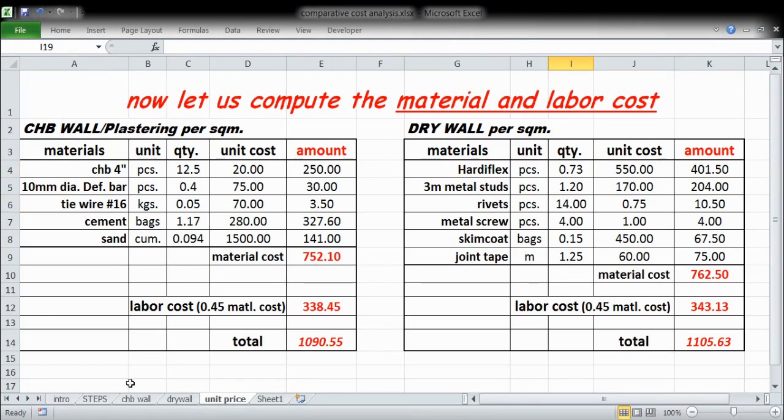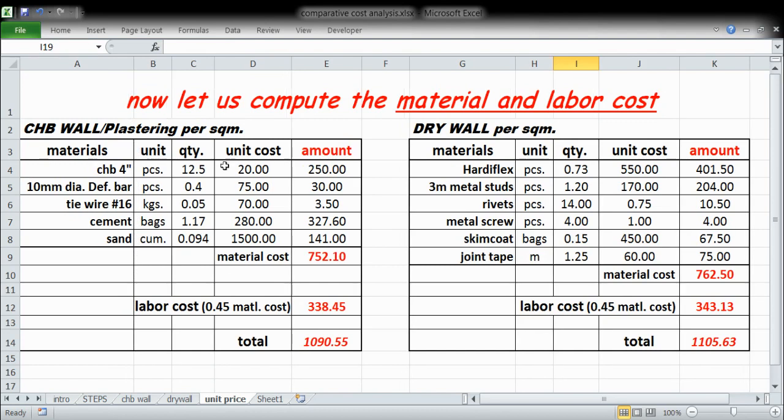This is self-explanatory. We will compute the material cost and labor cost. In my previous videos, I tried to make this in a tabulation form so that you can easily understand.